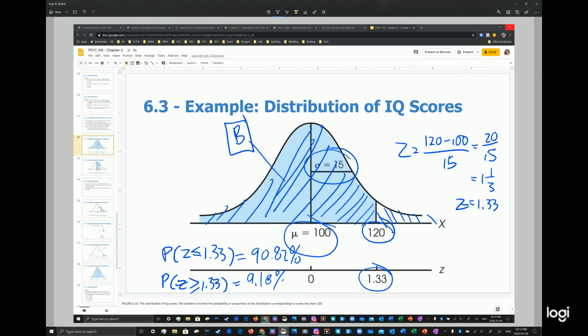And notice these two proportions add up to 100%. So here's an example where we change the x value into a z-score, and we know the z-score, then we figure out which proportion we're looking for, and then locate that using the unit normal table and finding its corresponding proportion.